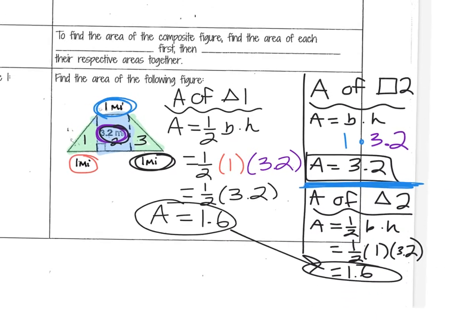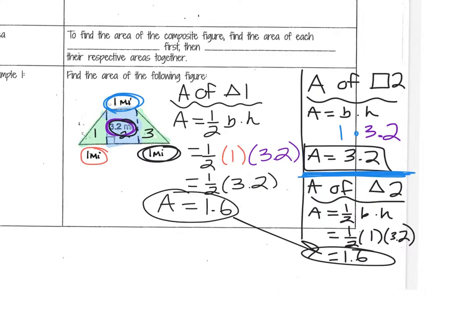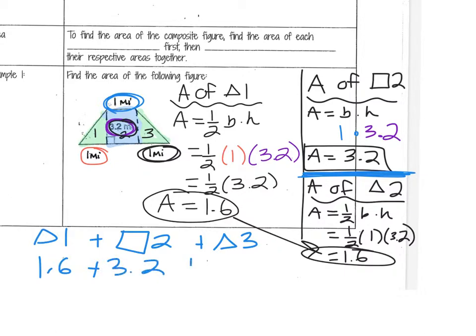So I found the areas of each individual shape within my figure. Now I'm going to add them. I'm going to add triangle 1 plus rectangle 2 plus triangle 3, which was 1.6 plus 3.2 plus 1.6, and that equals 6.4 if I type them into my calculator.